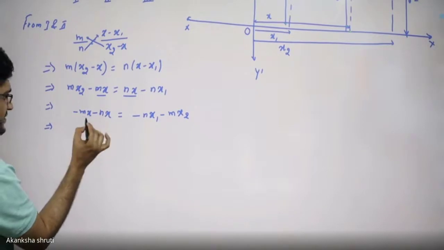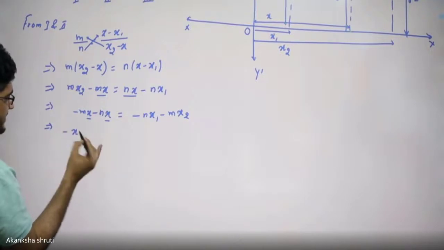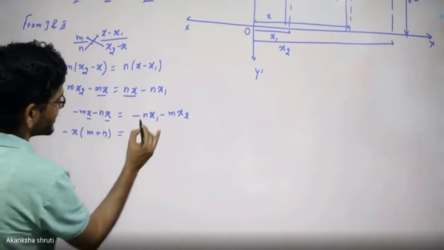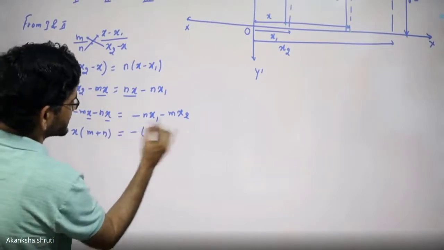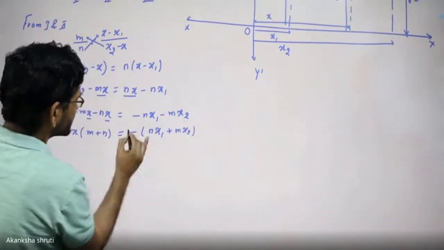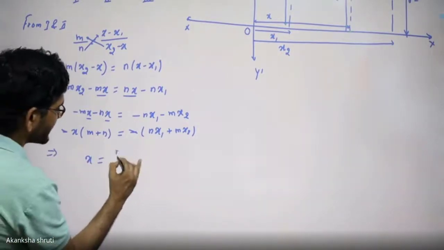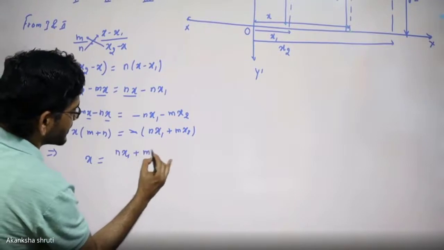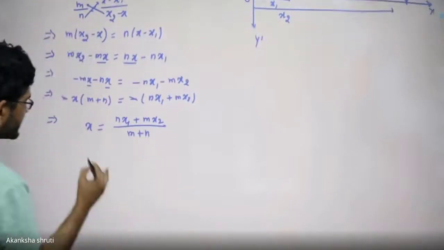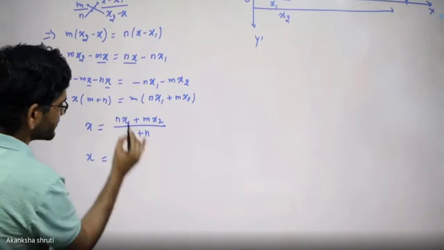But on the left hand side, X and X is common. So we can take X outside, or rather minus X outside, and this M plus N will remain inside. Here only minus is common, that can be taken out. NX1 plus MX2. Students, this minus can be left, and this X can now be written as NX1 plus MX2 divided by M plus N. Just for writing in symmetrical fashion, we are writing this X2 term first because both are in addition.